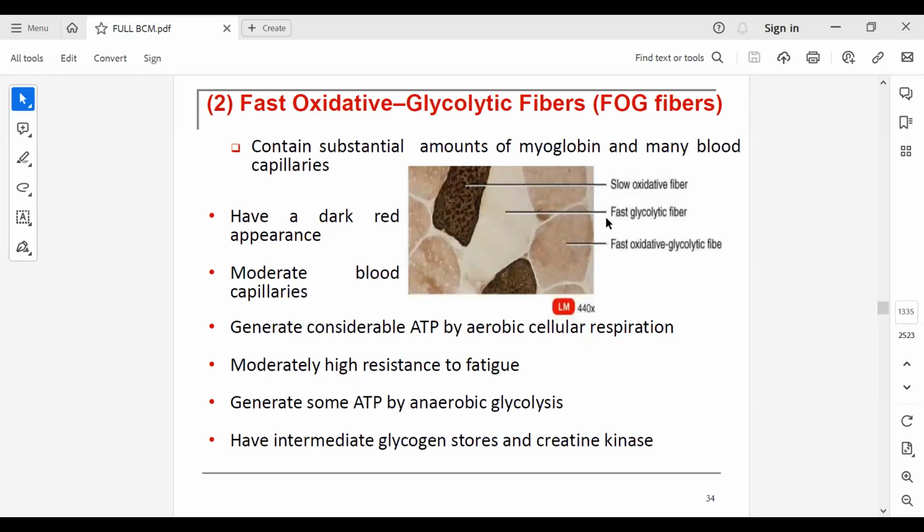We have the fast oxidative fibers, which contain a substantial amount of myoglobin and many blood capillaries, but not as much myoglobin as the slow oxidative. They also do aerobic cellular respiration, but they also get some ATP from anaerobic, while the slow ones mostly do aerobic.